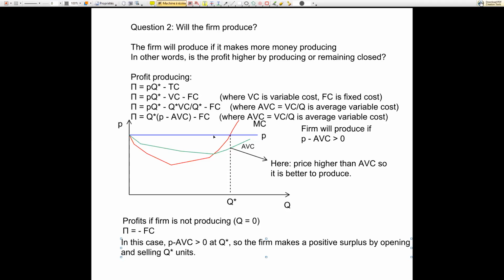Well, let me show you a second situation. Imagine that the price was not this price, but that it was this price.